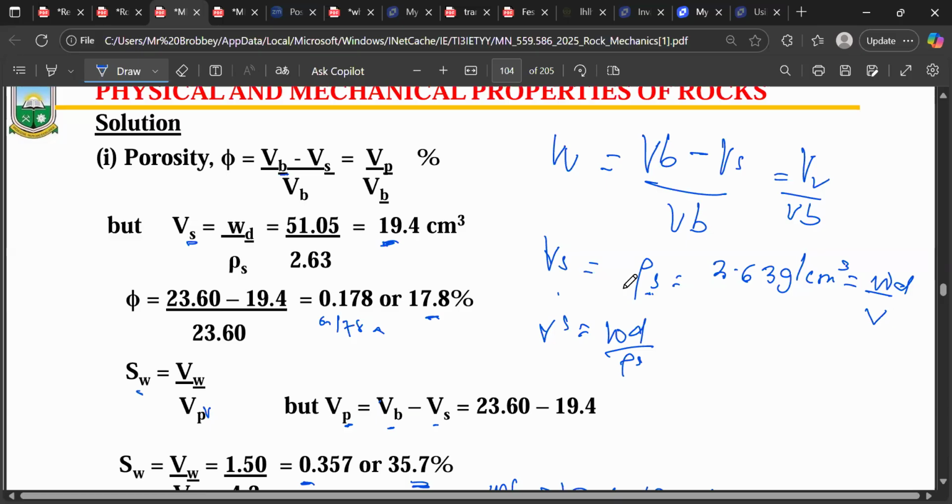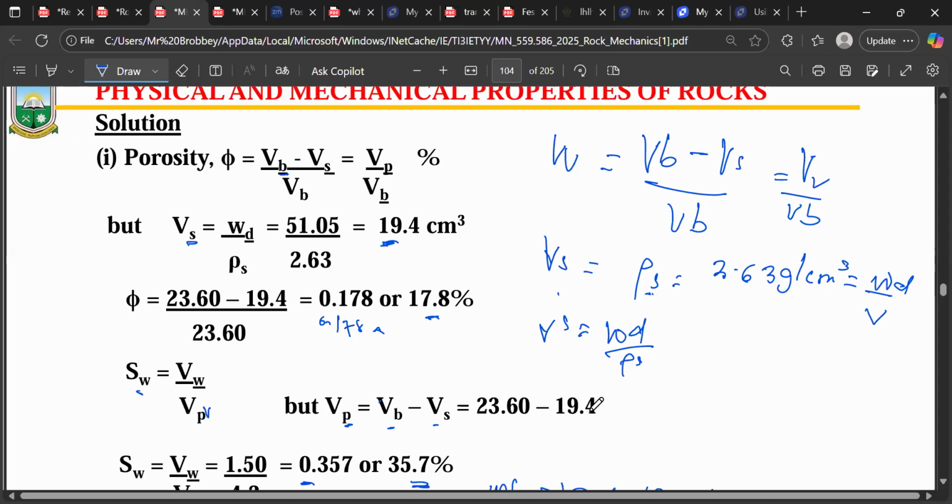So first I will calculate my grain volume. I have a sample weight after the extraction, which is 51.05. So 51.05 divided by the grain density will give me 19.410.